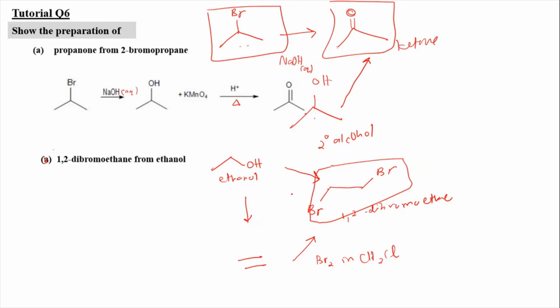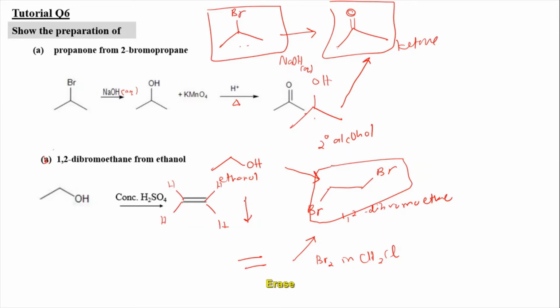so let me draw it nicely on this side. So first we have the ethanol, and then as mentioned I'm going to go with the dehydration. So I'm going to use the concentrated H2SO4, and then this is going to produce me an alkene. So attach with hydrogen, attach with hydrogen, attach with hydrogen, and attach with hydrogen.